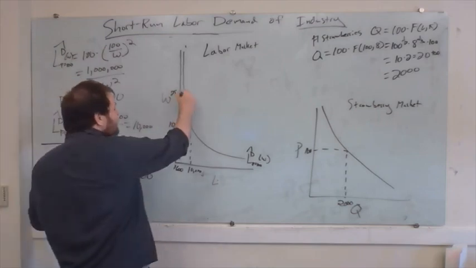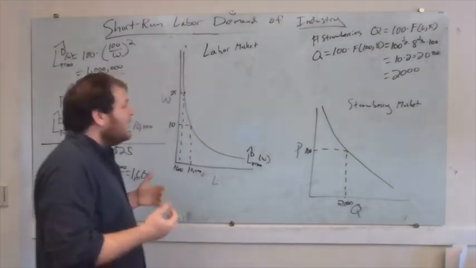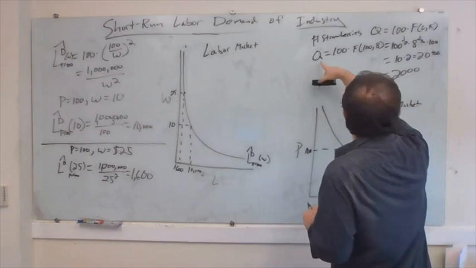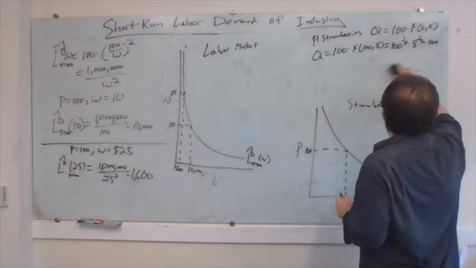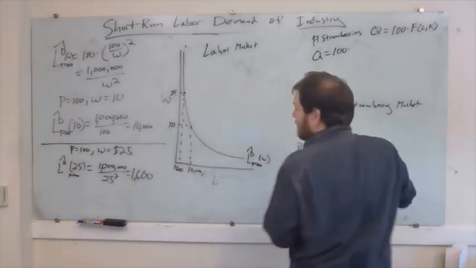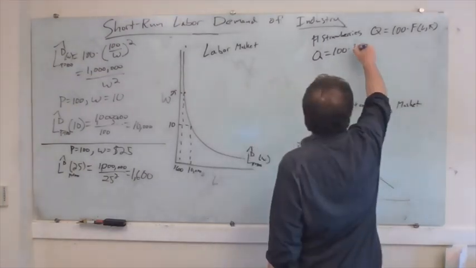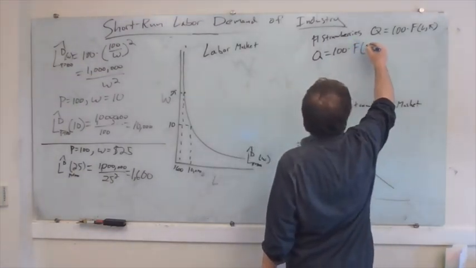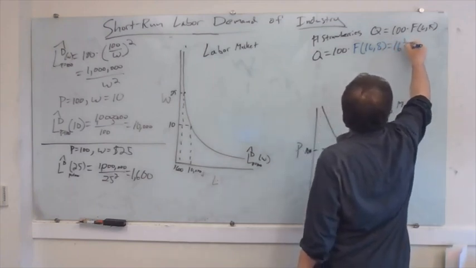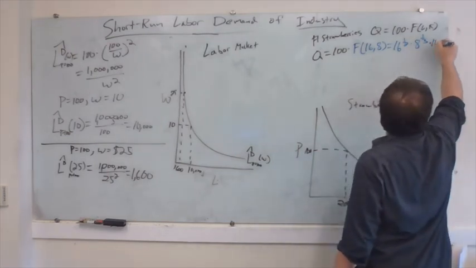But is this what's actually going to happen? Well, let's think about what happens to our product market. When we only have 16 workers employed at each field, our quantity is going to go down from 2,000. Instead of having 100 times F of 100, 8, we'll have 100 times F of 16 and 8, which is going to be 16 to the 1/2 times 8 to the 1/3 times 100.